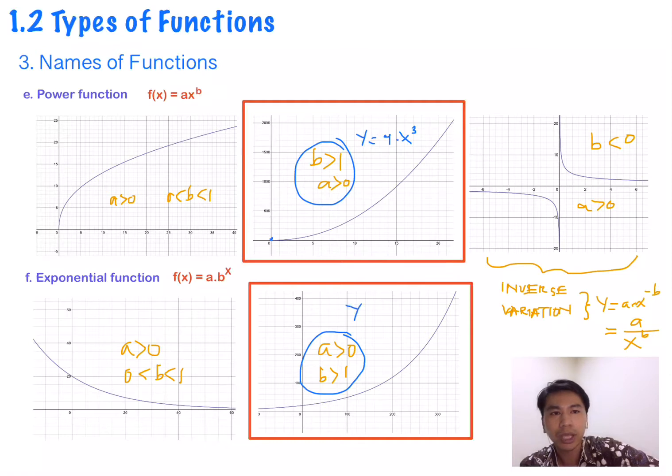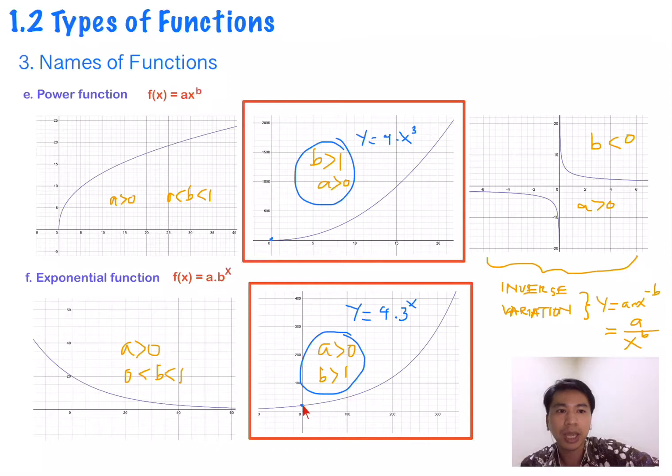So if I have the exponential function, I'll get y equal to a times b to the power of x. Let's set a greater than 0. Same as before, I'm going to set a equal to 4, and then b, I'm going to set it as 3 to the power of x. Now if x is equal to 0, then I will have 3 to the power of 0, which is 1. 4 times 1, then I'll get y equal to 4.